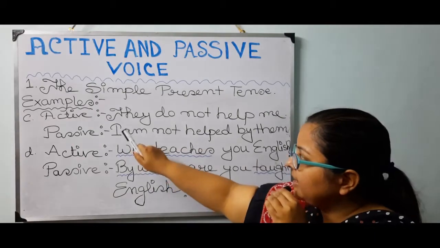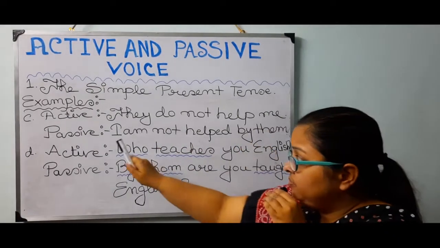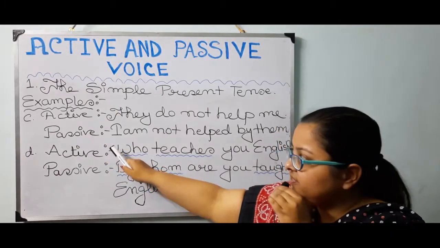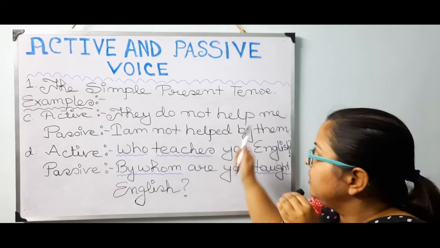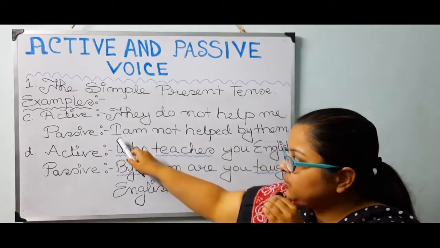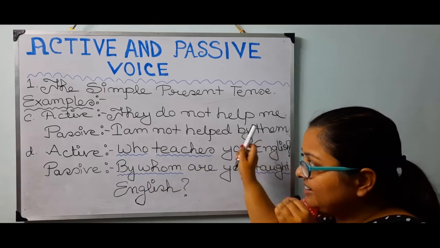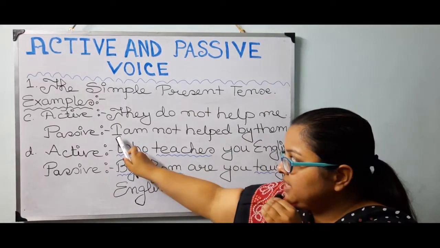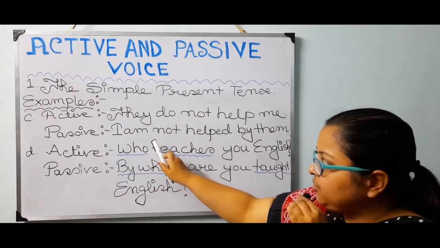Number C, active. They do not help me. When it is getting changed into the passive voice, I am not helped by them. Me is coming into the place of subject, which is the object of active voice. So me is turning into I. Then with I, definitely am, according to the rule.